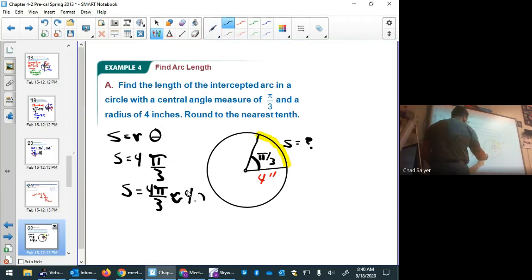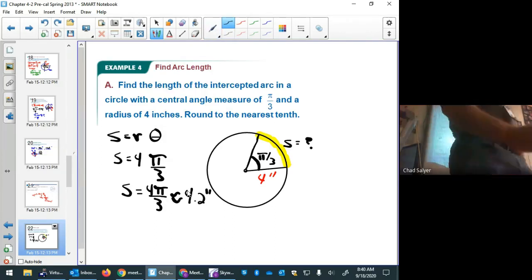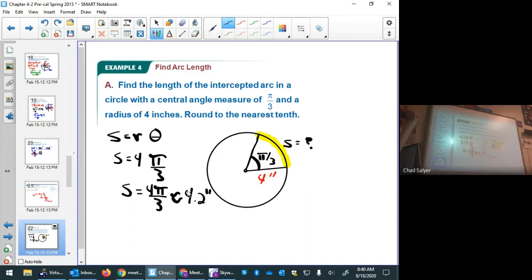And we're in inches. So about 4.2 inches. Fun fact, do you see how that's almost the exact same as the radius? You see how that's because pi over 3 is almost 1? So it's almost 1 unit of radian measure.